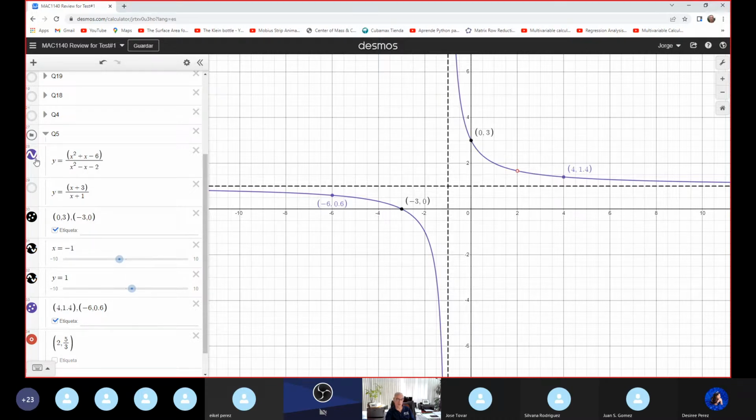So the purple color is equal to the black color, except at the hole. The black color has no hole, and the purple color, yes, has a hole. Clear?